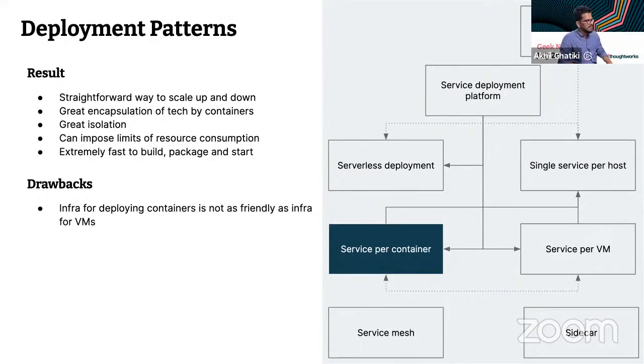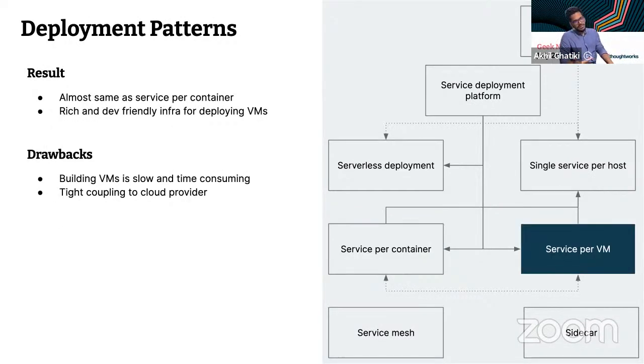A service per container, again, will give you absolute power of scaling up and down and proper encapsulation of technology inside the container. You can have multiple containers on a VM, so very optimal utilization of the resources that the VM will give you.